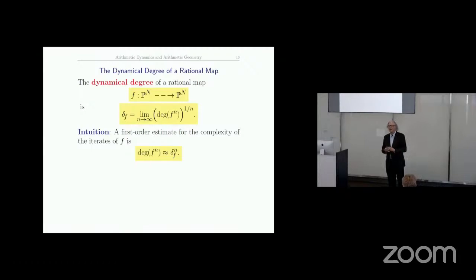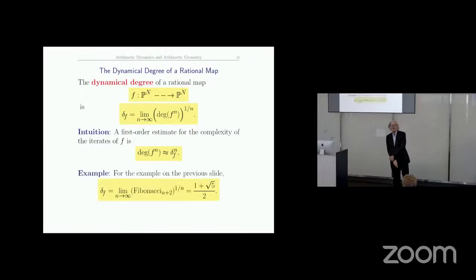And there's a real dichotomy in the dynamics between those two cases. So for example, that map on the previous slide where the degree of the nth iterate was a Fibonacci number, if you take the nth root and take the limit, you get the golden ratio. So for example, these dynamical degrees may be irrational.